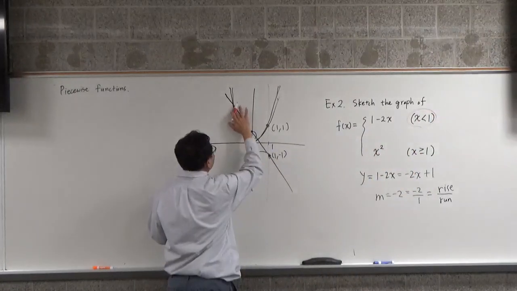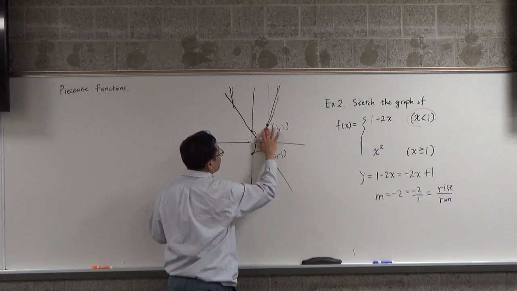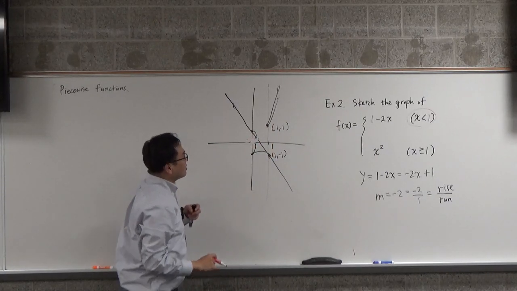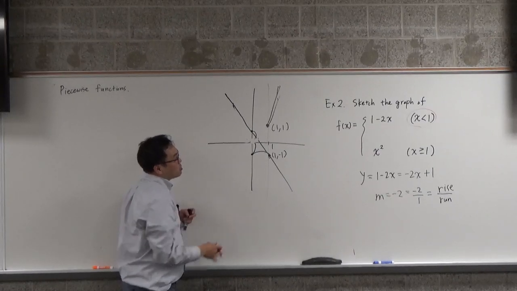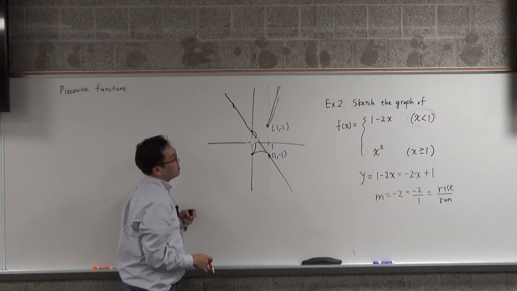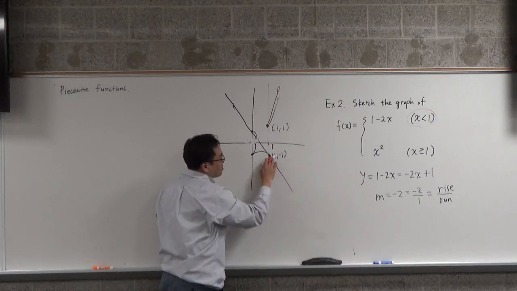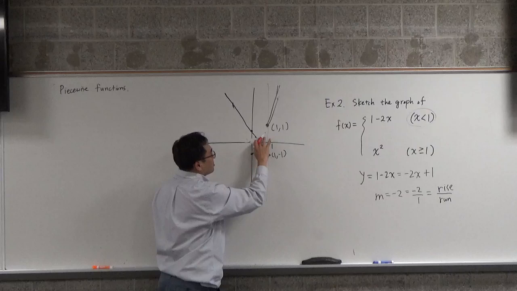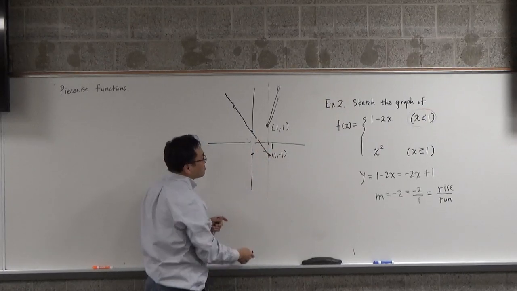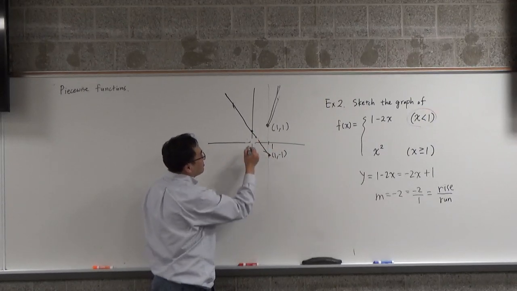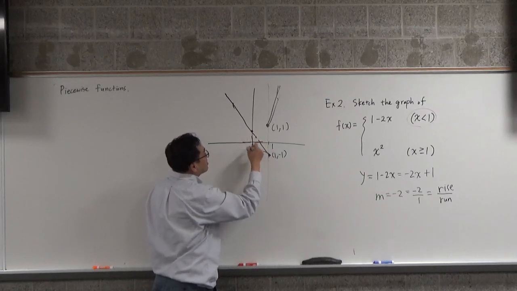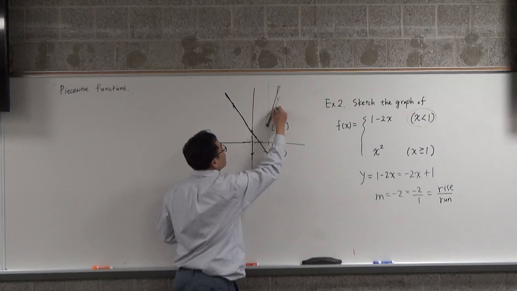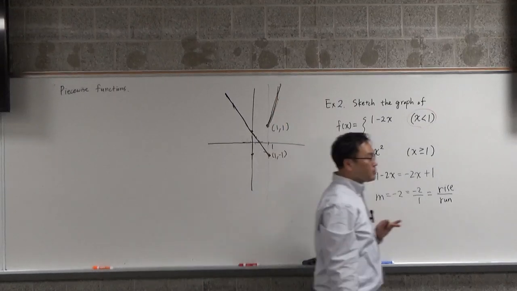The parabola is gone. On the right side of 1, which one do you keep? You keep the parabola and you delete the line, right? So the end result is this. Well, almost the end result. We still have to figure out what happens exactly at 1. It's like this and then this.